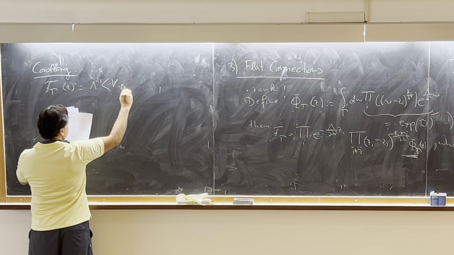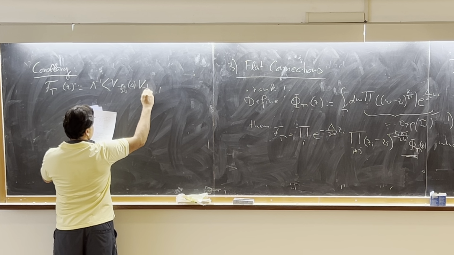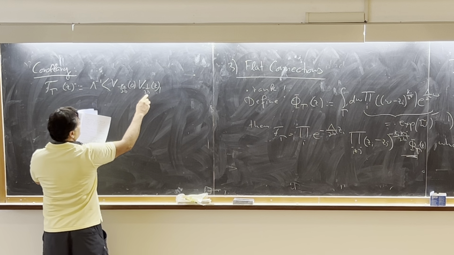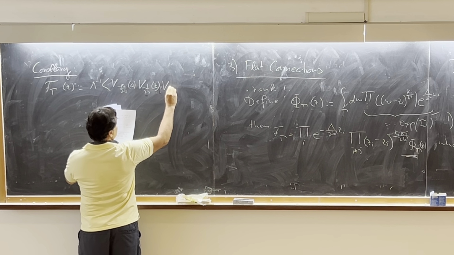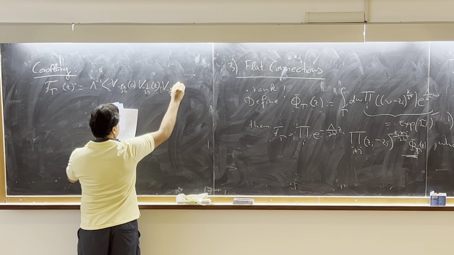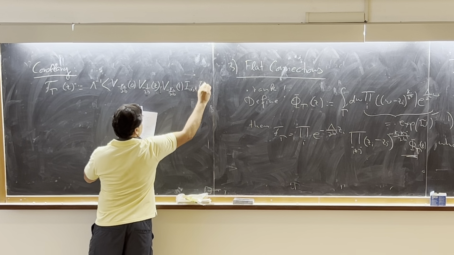Some k0 over 2b at 0, and then you have the degenerate field 1,2 at z, and then minus k1 over 2b at 1, and I have infinity.